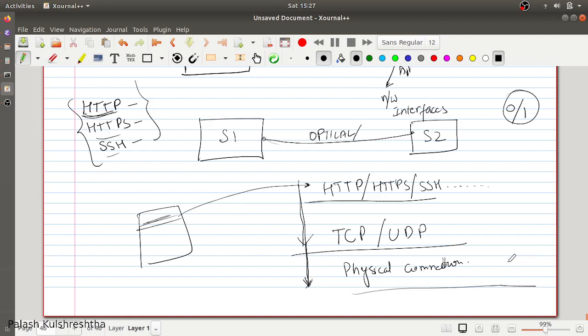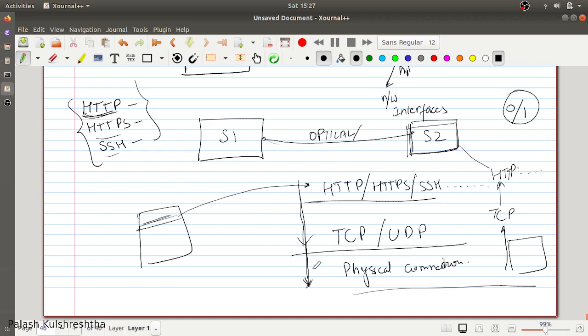Once we reach the receiving side, for example server 2, these physical packets are converted to TCP packets. These TCP packets are converted back to HTTP data, and then the receiver, or S2 in this case, gets the information sent by server 1.